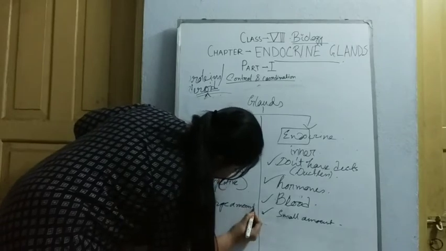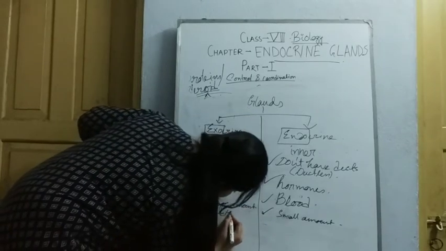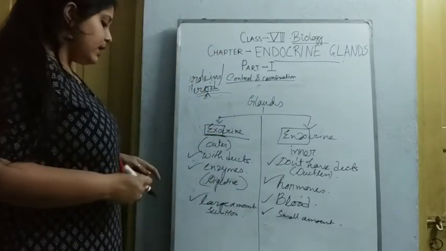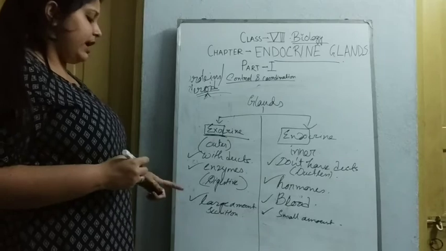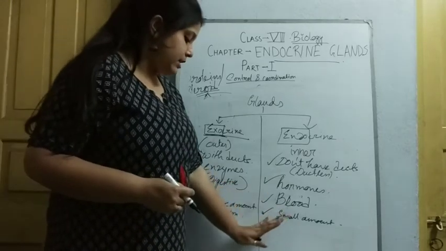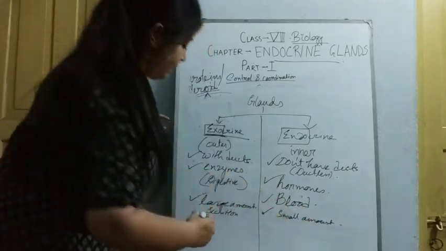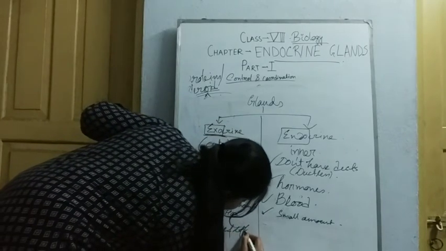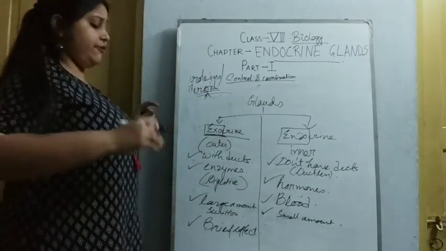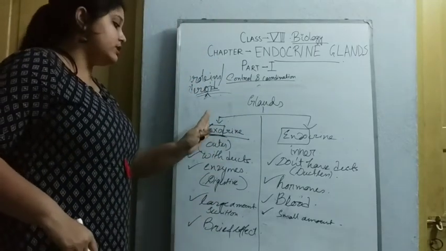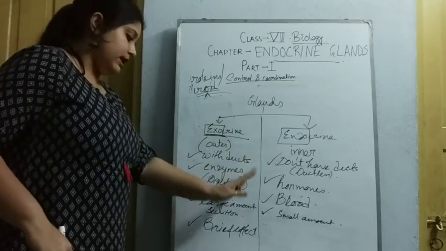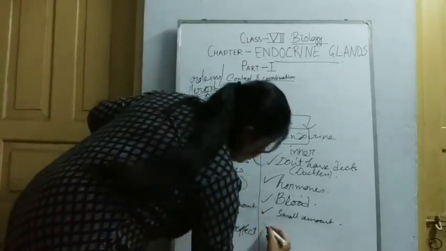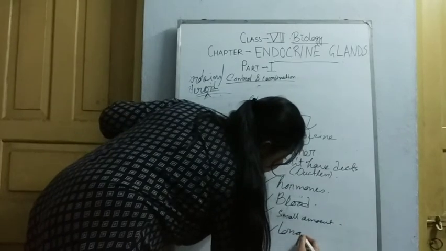The exocrine glands have a brief effect, as the effecting time is small for the enzymes, but the endocrine glands which produce hormones have a longer, prolonged effect.